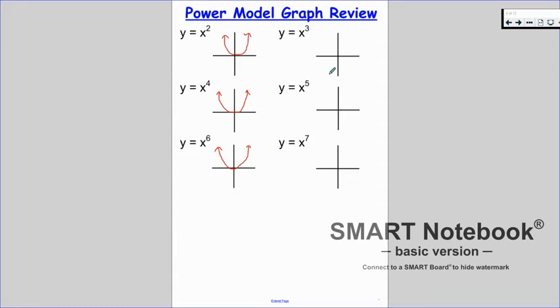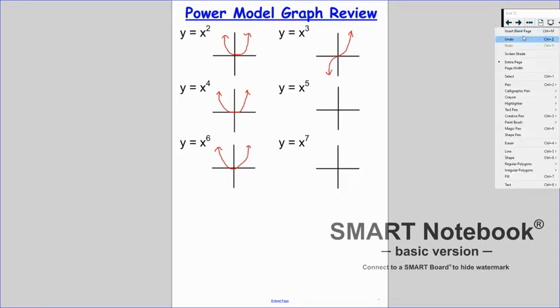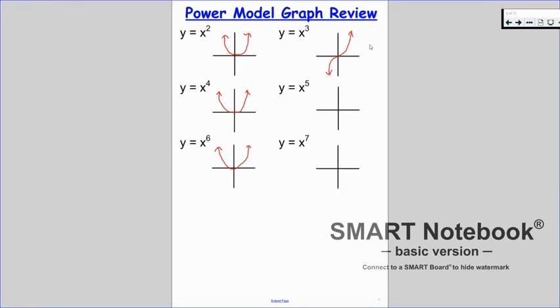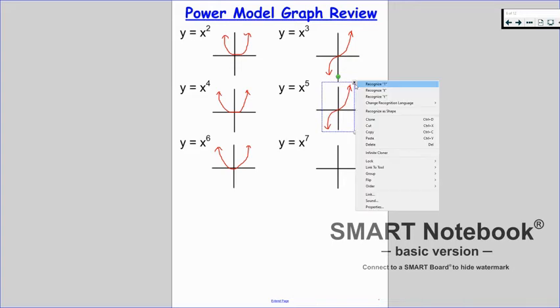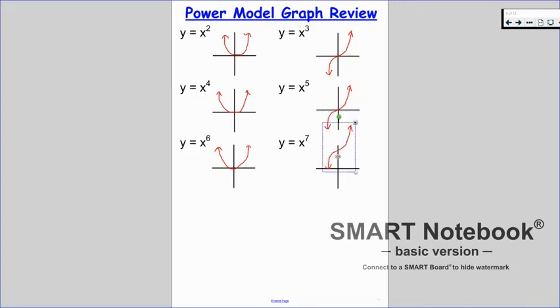So our cubic graph, remember, is the disco or the snake shape, however you want to call that. So I've got that shape. And then that one is just going to be the same for the x to the fifth, and it would also be the same for the x to the seventh.